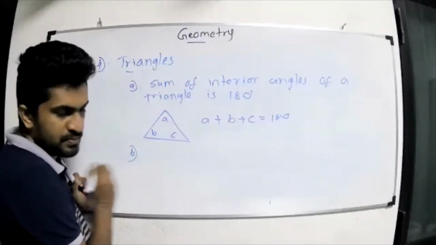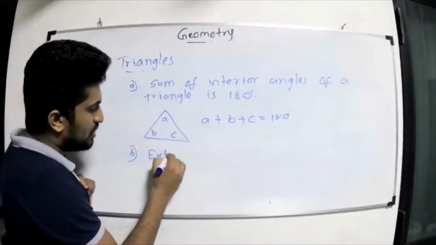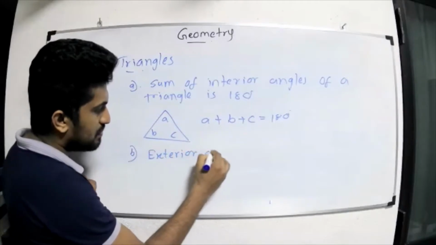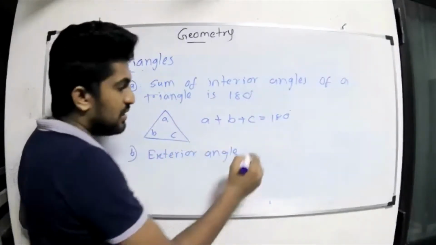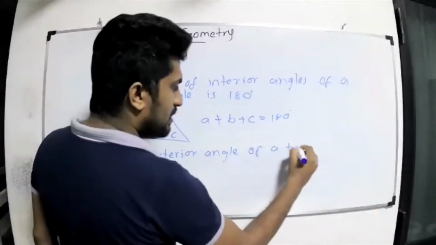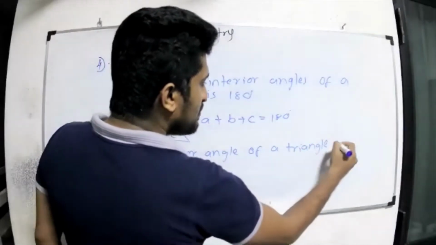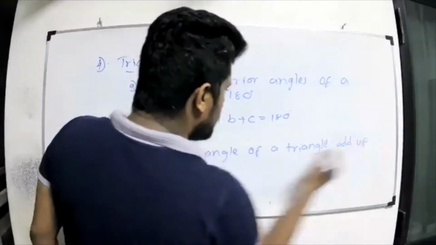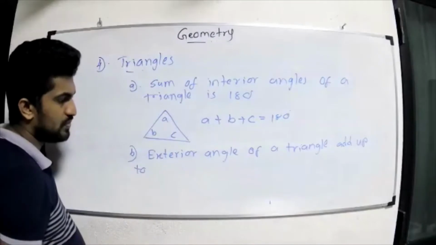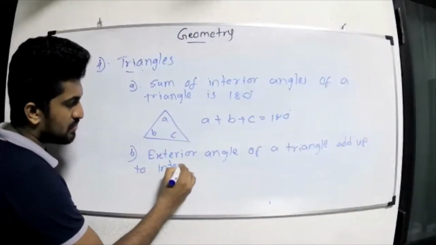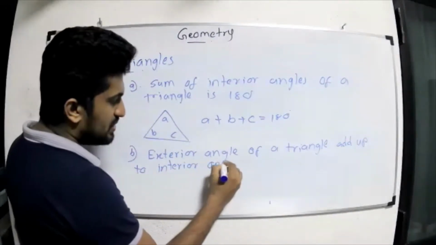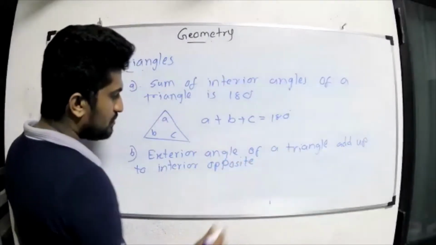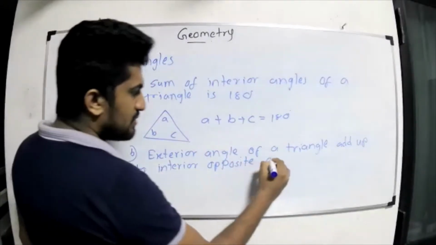Next one, exterior angle of a triangle. An exterior angle of a triangle equals the sum of the interior opposite angles.